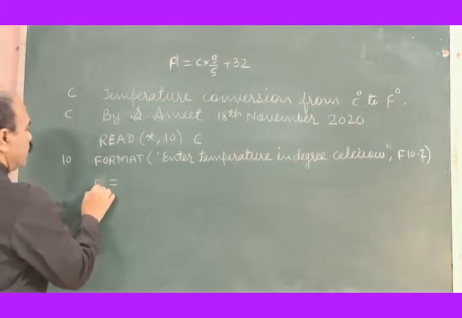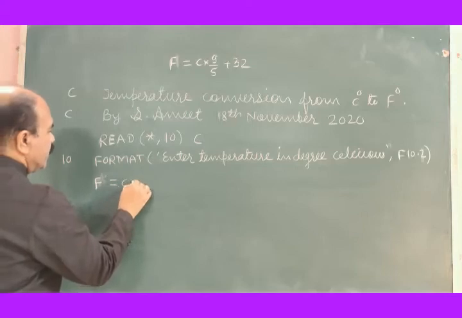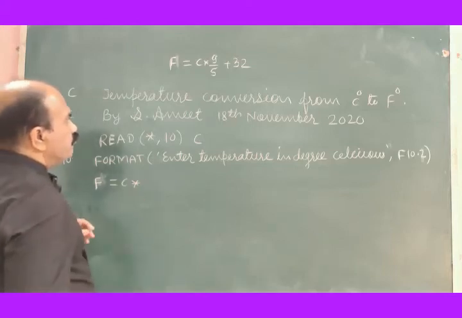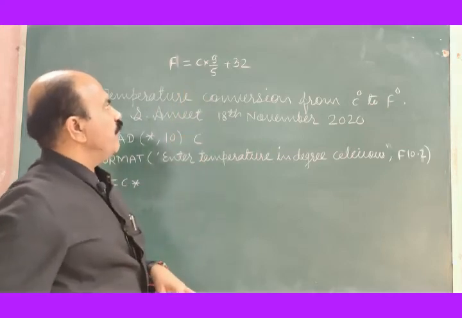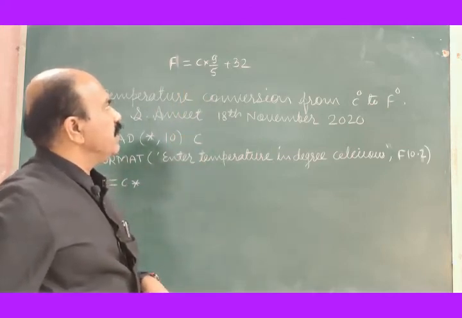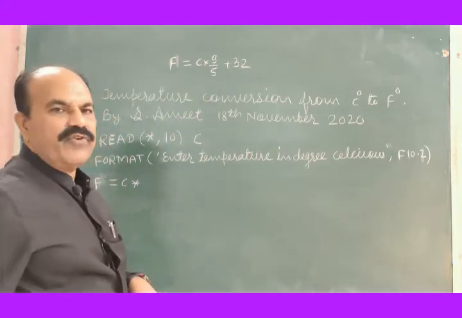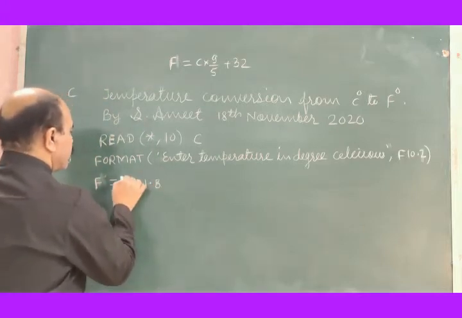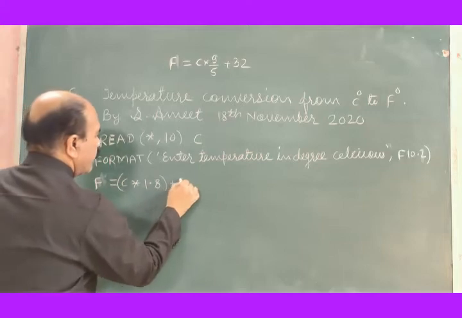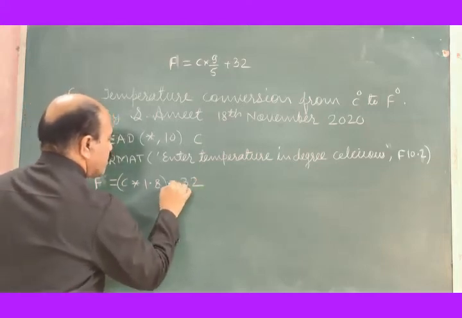F is equal to C into, what is 9 by 5? 5 ones are 5, 4 left, decimal point taken, 40, 5 eights are 40, that is 1.8. Plus 32.